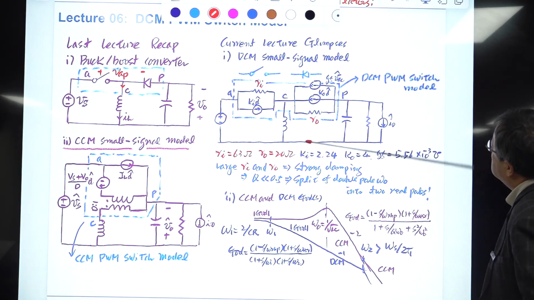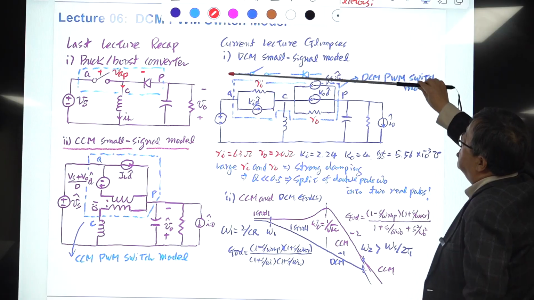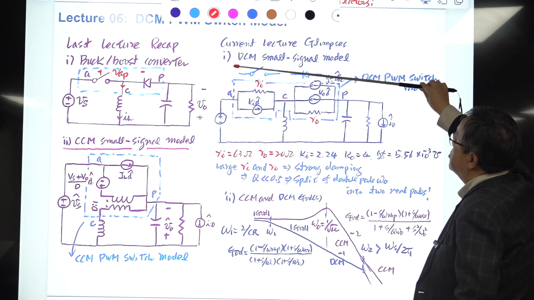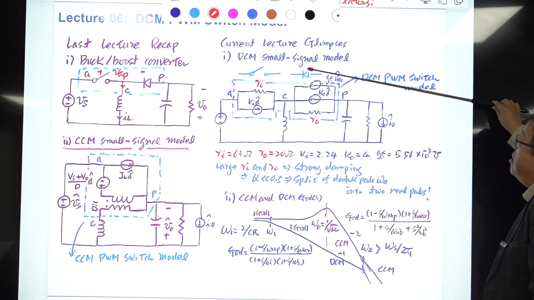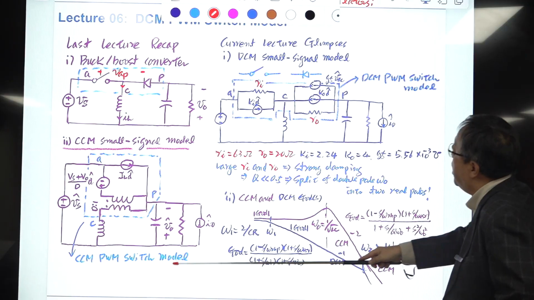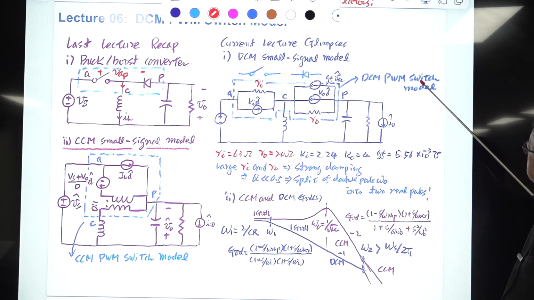I just want to show a glimpse of the upcoming lecture. This is the conclusion of the upcoming lecture. Here we have the DCM small signal model, which is the counterpart of the CCM PWM switch model. So this is the DCM PWM switch model.